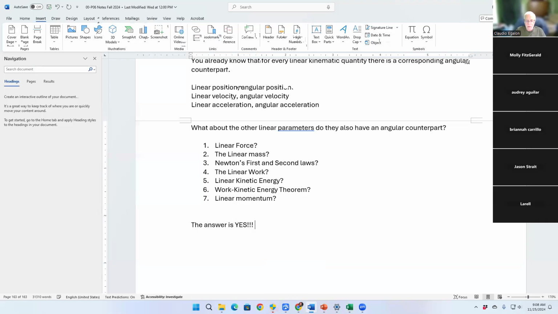We do have them, but they have different names and different mathematical definitions, just like we had different mathematical definitions for angular position and angular velocity.